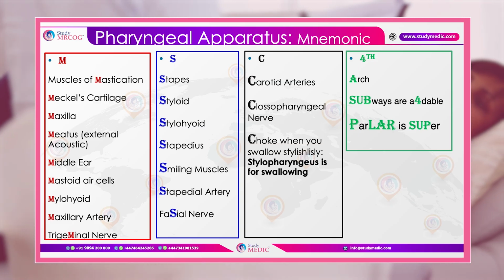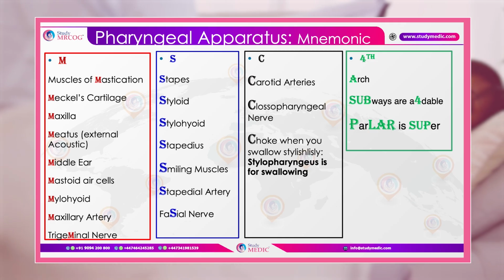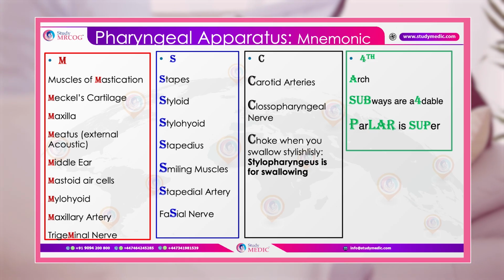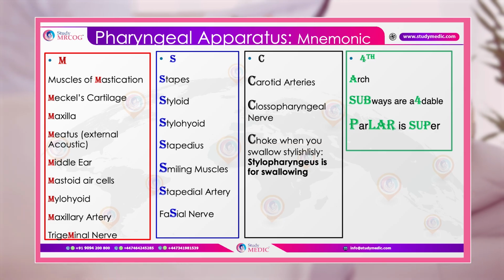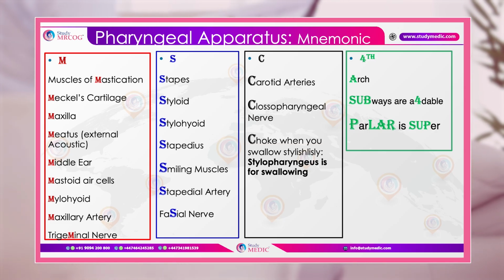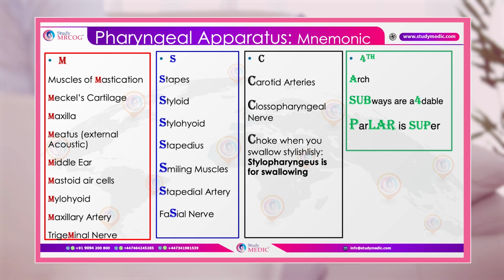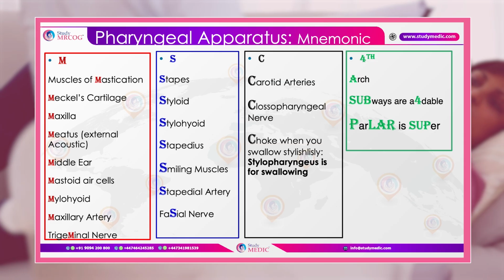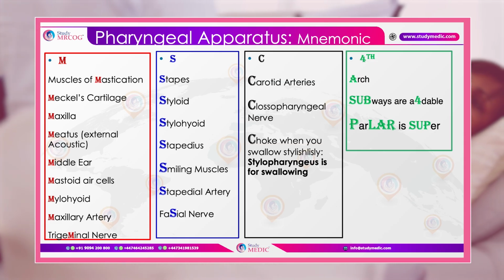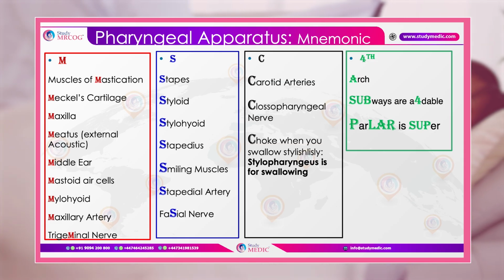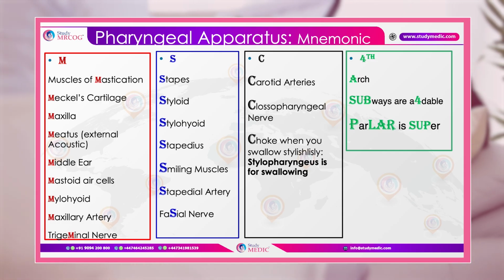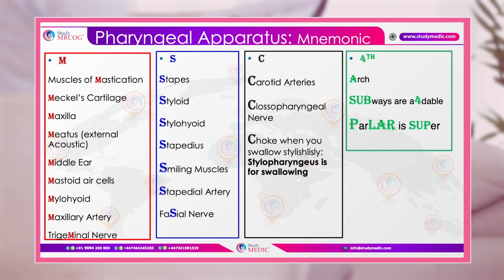And the facial nerve, or the seventh nerve, which is again the alphabet S. The other structures which come out of it are the stapes, the styloid, the stylohyoid, the stapedius, and all the muscles of smiling. So S is for smile and M was for mastication. Muscles of mastication are the first arch, muscles of smiling are the second arch.